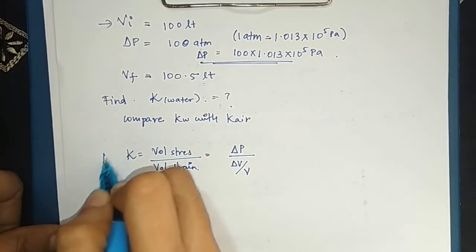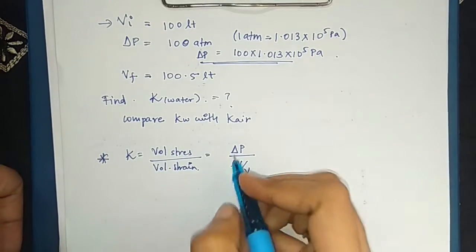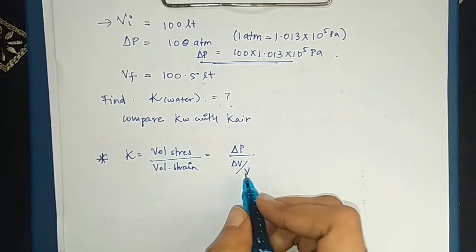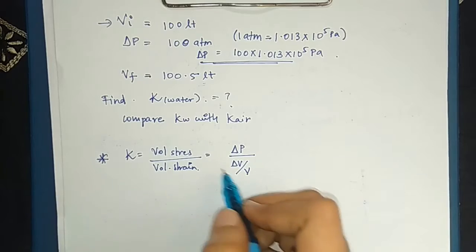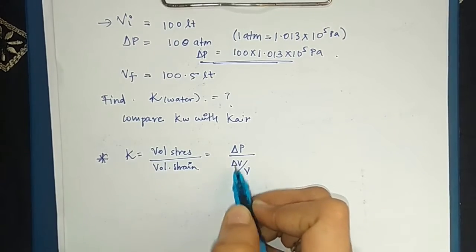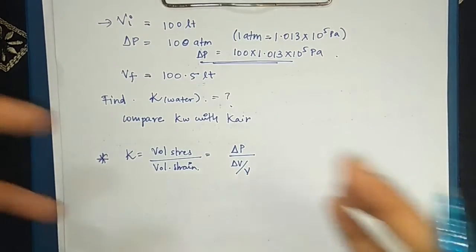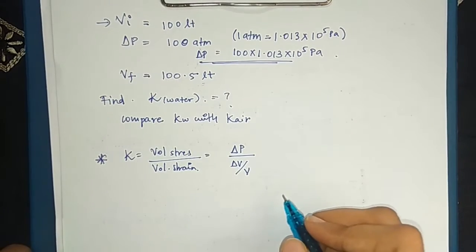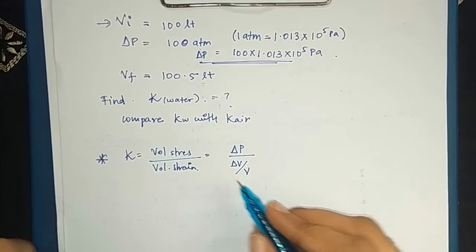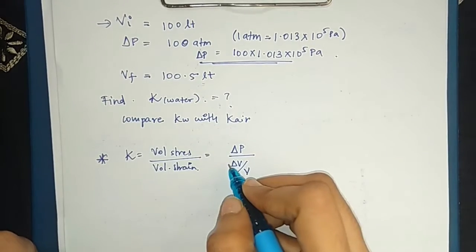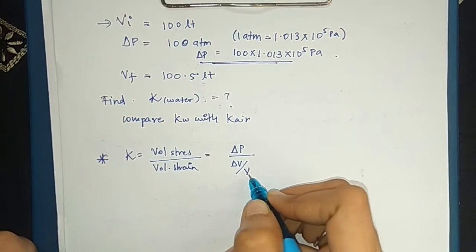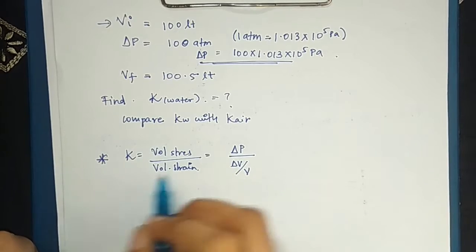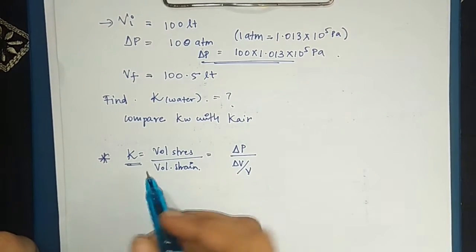Make a note that when we apply pressure on some object and there is a change in volume, this volume change will be negative, so this strain will be negative, and if this quantity is negative, the bulk modulus will in turn be negative.